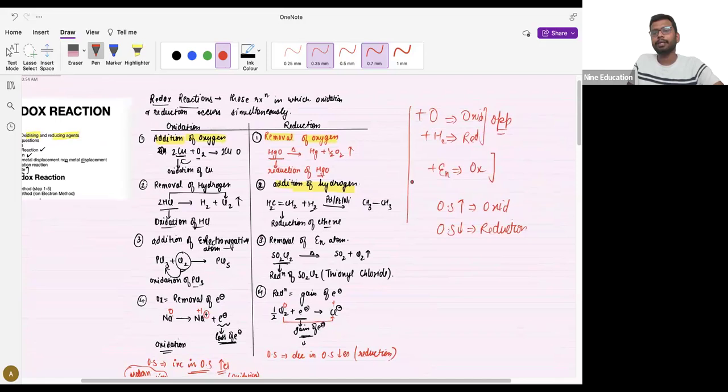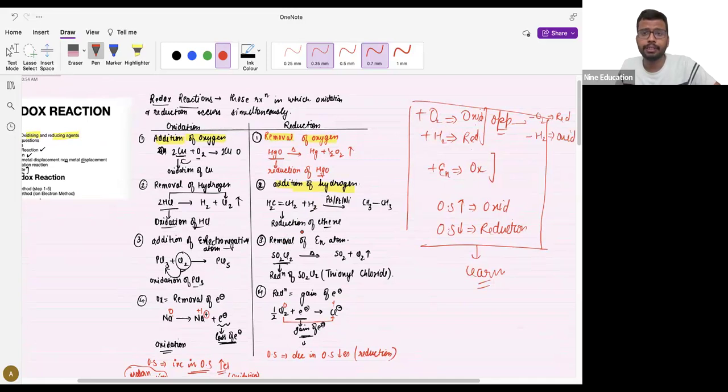So this is the summary which will help you to learn. Adding of oxygen, oxidation. Adding of hydrogen, reduction. Opposite will be removal of oxygen, reduction. Removal of hydrogen, oxidation.